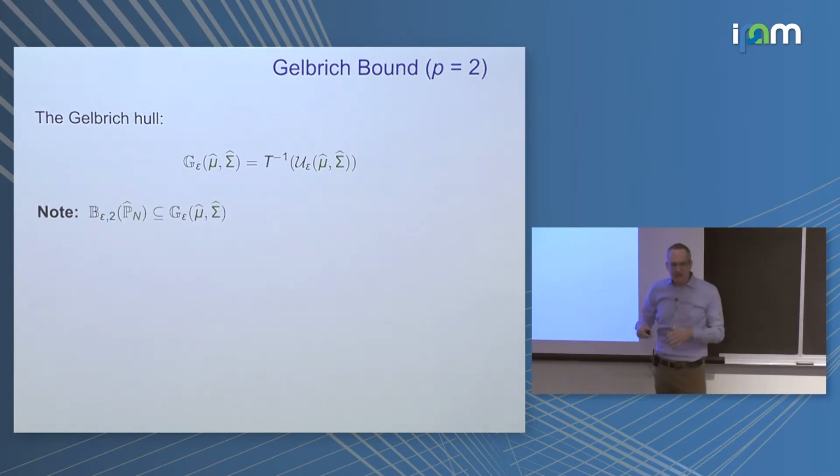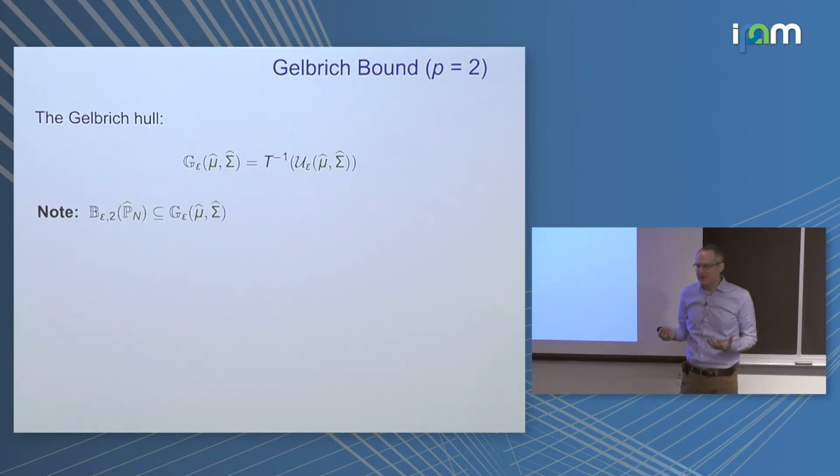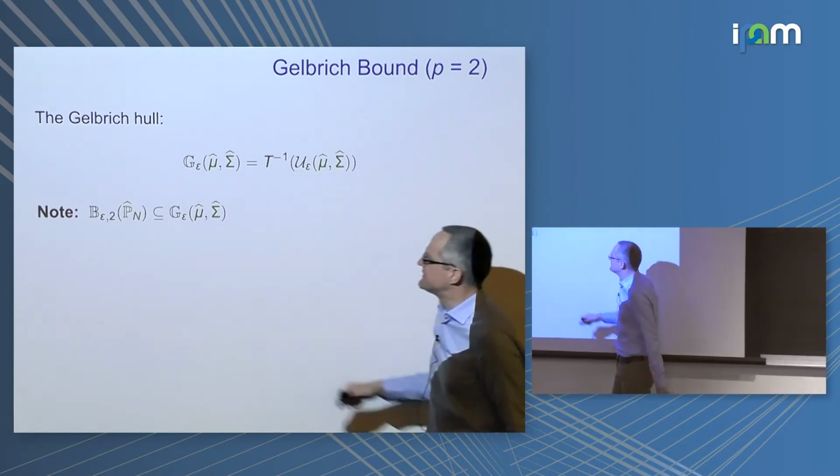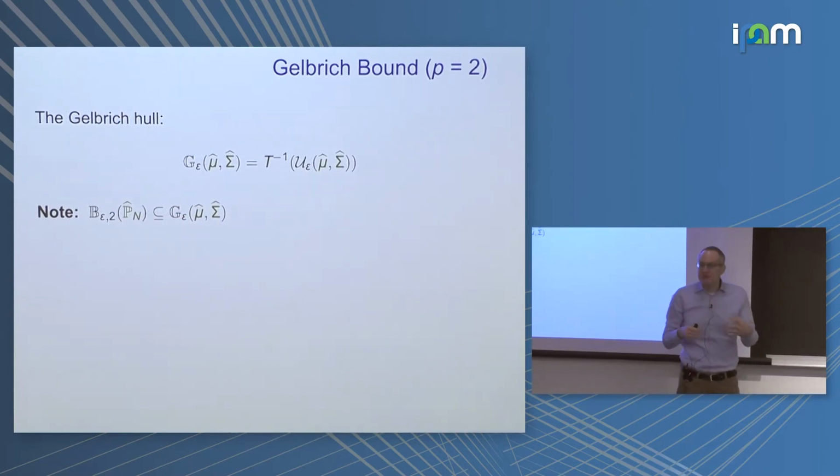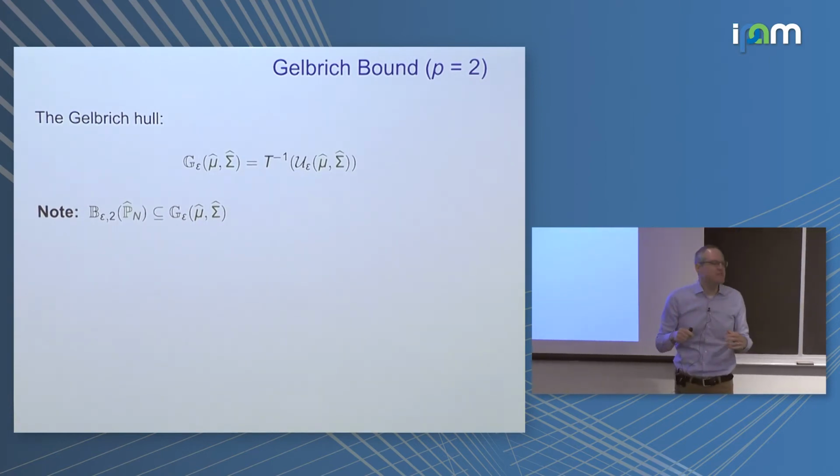And it is actually an outer approximation of the Wasserstein ball. Indeed, if this Gelbrich hull contains some distribution Q, then it will contain every other distribution that has the same mean vector and covariance matrix as Q. So it could actually be much, much larger than the Wasserstein ball.